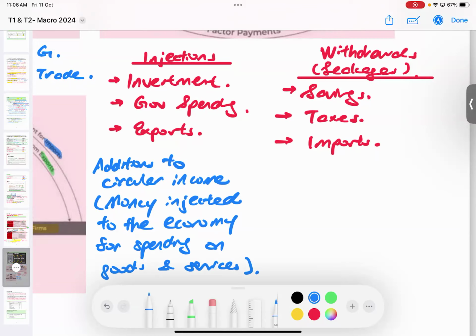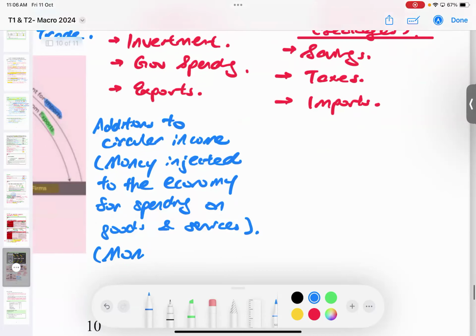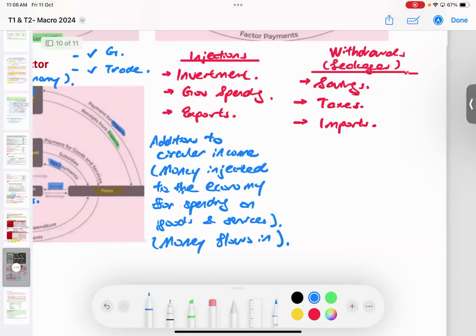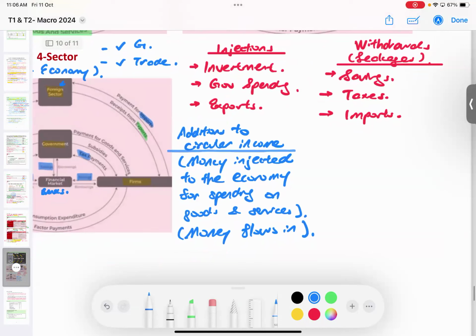You can think of it as money flowing in. So the things we just talked about are all examples.